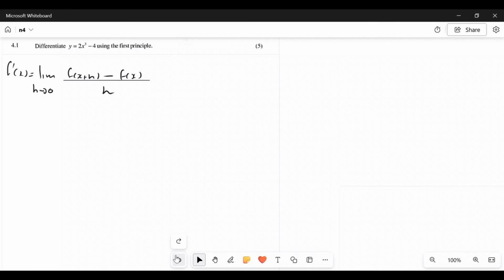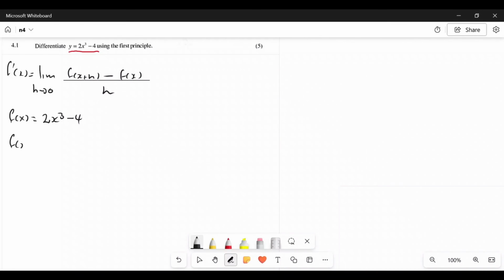So what we have here is f of x. Let me show you what our f of x is. Our f of x is given to us, so we are fine with f of x. We can say our f of x is actually, from the question, 2x cubed minus 4. That is our f of x. What we need to find here is our f of x plus h.